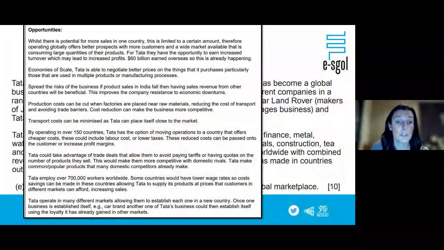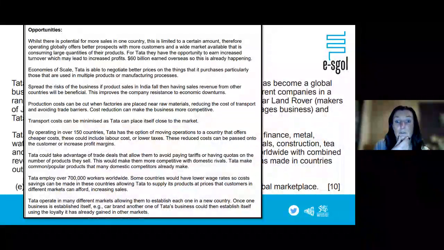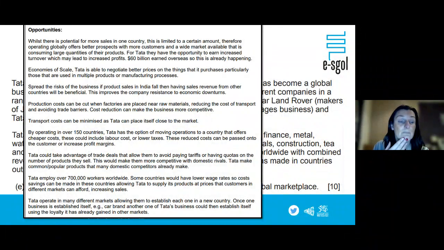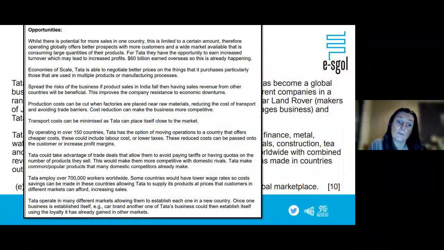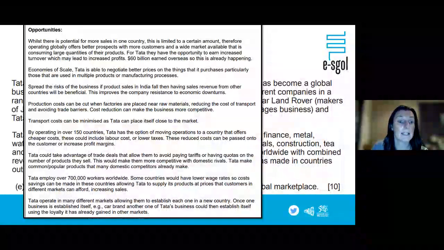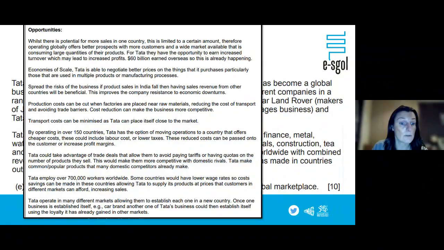You've got production costs: factories are placed near raw materials, reducing the cost of transportation. Transport costs can be minimised. Operating in over 150 countries, Tata has the option of moving operations to a country that offers cheaper costs. Tata could take advantage of trade deals, and so on and so forth.